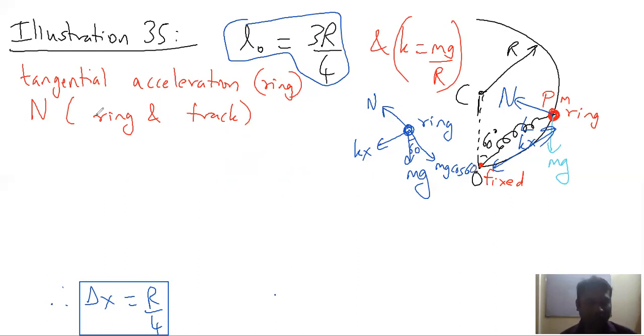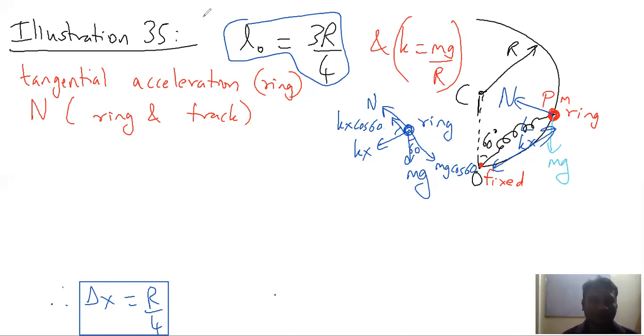This is Kx, and if I consider the component of Kx, it will be Kx cos 60 as well, because this angle is 60 degrees here.